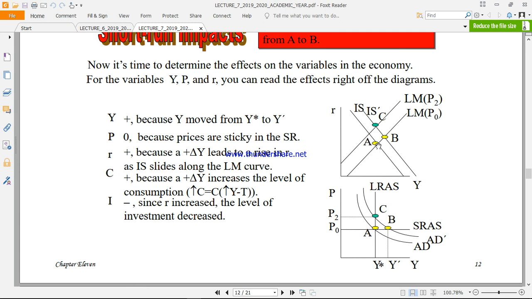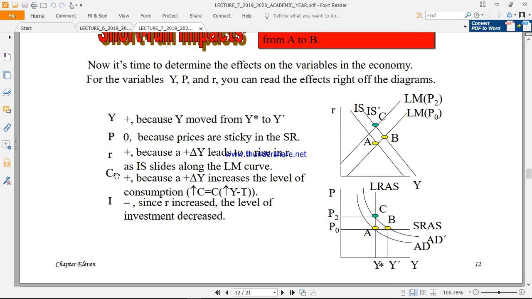An increase in output must come with a penalty, which is an increase in the rate of interest. So I expect the rate of interest to increase because a positive change in Y leads to a rise in the rate of interest as the IS slides along the LM, from A to B.